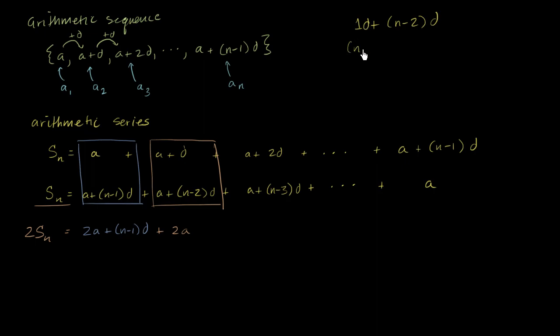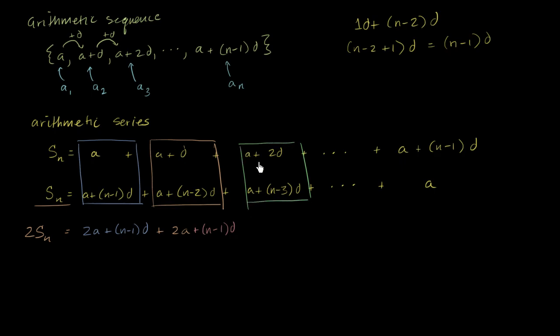So this is going to be n minus 2 plus 1 times d, which is equal to n minus 1 times d. So this second term also becomes 2a plus n minus 1 times d. Now let's add the third terms. I'll do it in green.